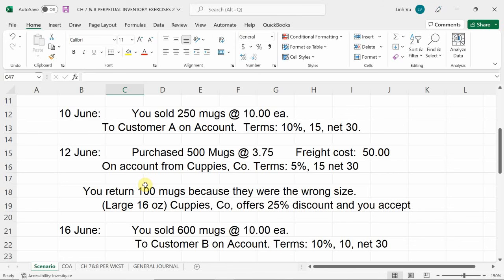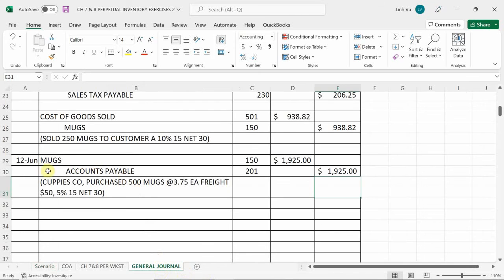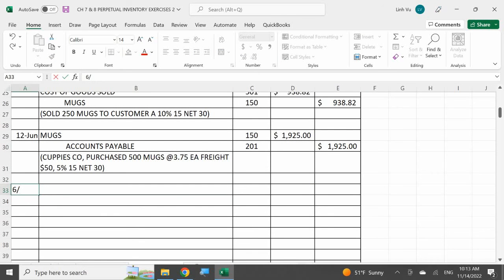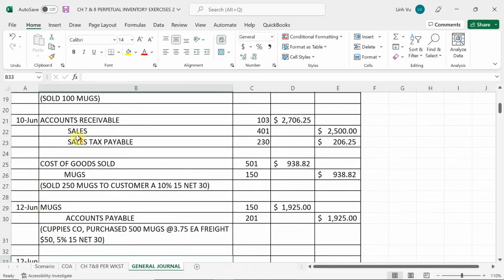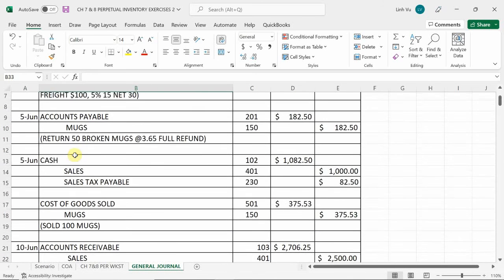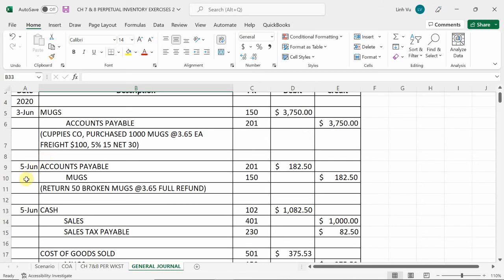So now I need to adjust my inventory accordingly, right? So in this case, I need to record that I'm going to have an allowance, right?